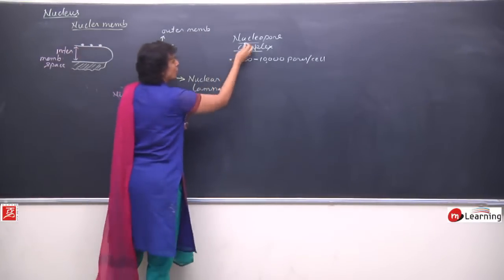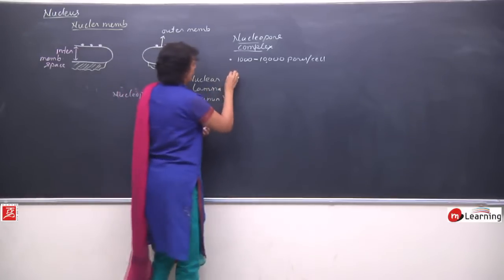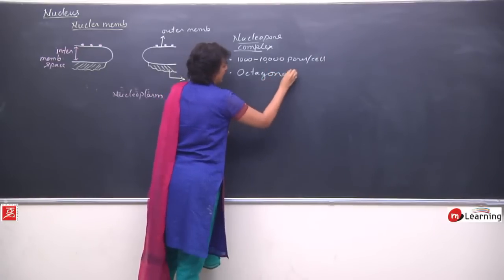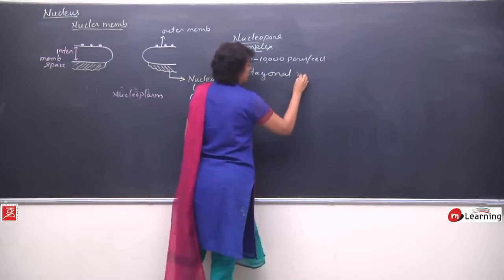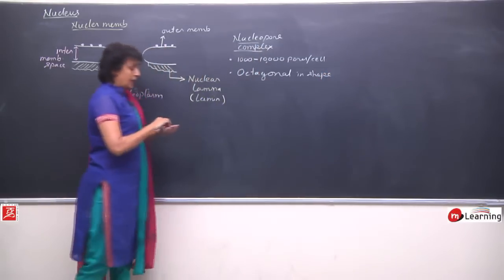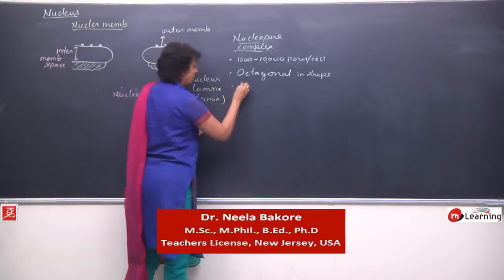The nuclear pore complex is octagonal in shape. It is made up of 8 subunits.